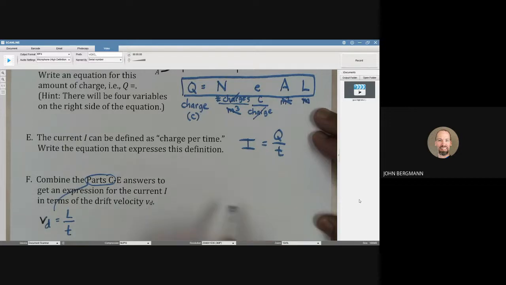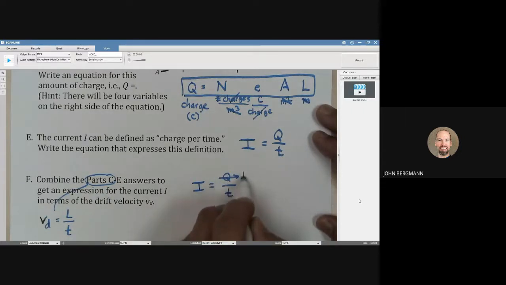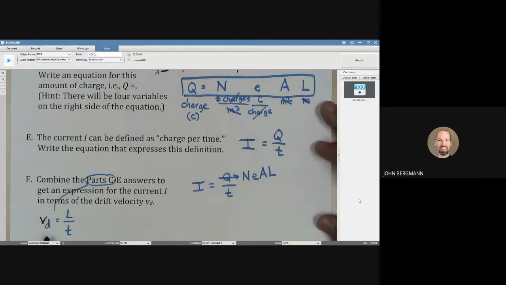Let's start with this. I is Q over t. And at the top of the screen, charge is n times the elementary charge times the area times the length. We also need to get the drift velocity in here. So how are we going to do that? Well, L divided by t is equal to the drift velocity.